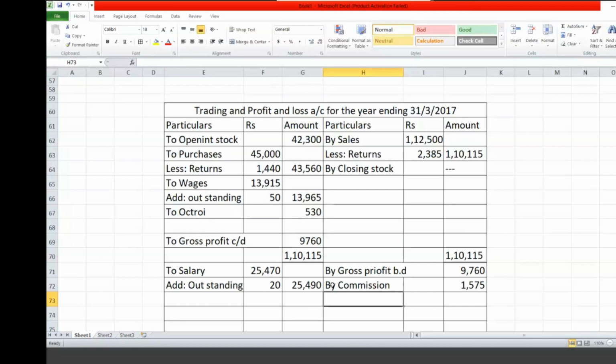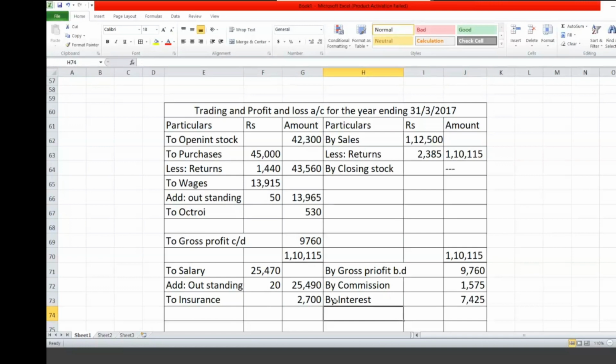Paid insurance premium 2,700. Check any adjustments. If no adjustments, let's write down directly insurance premium 2,700. Next, interest on the credit side, 7,425. So write down on the credit side by interest 7,425.